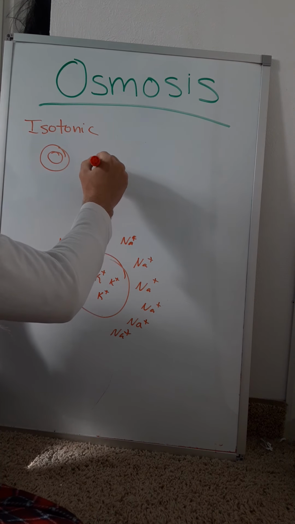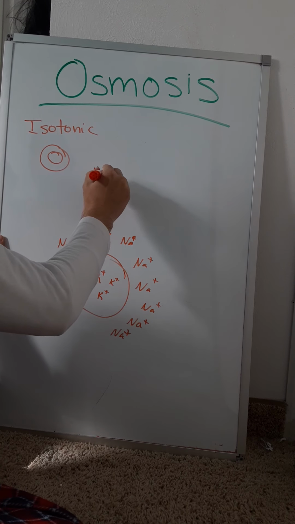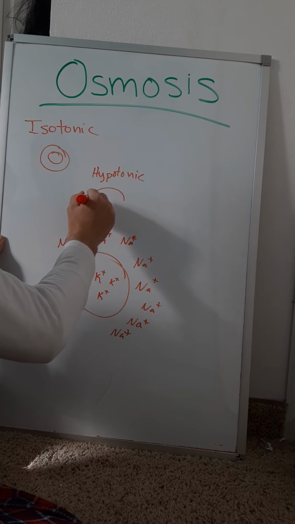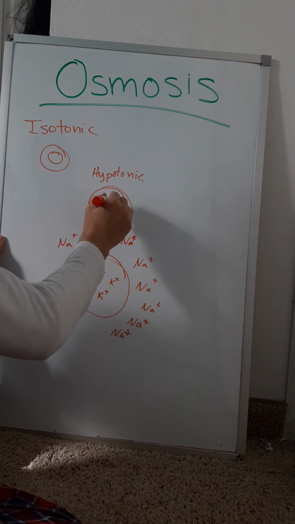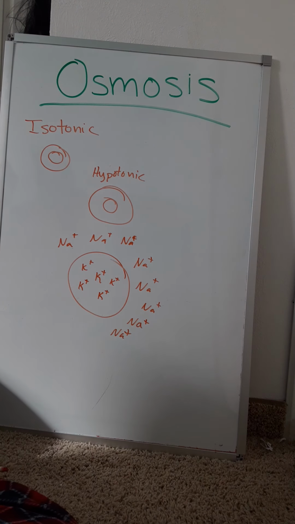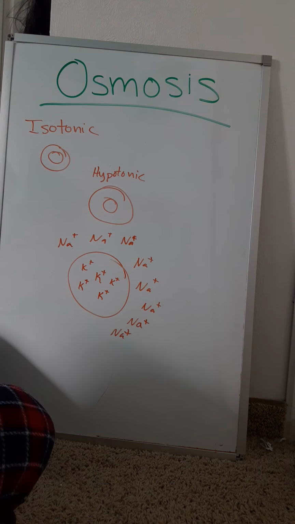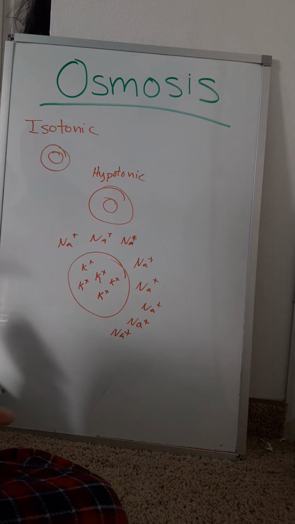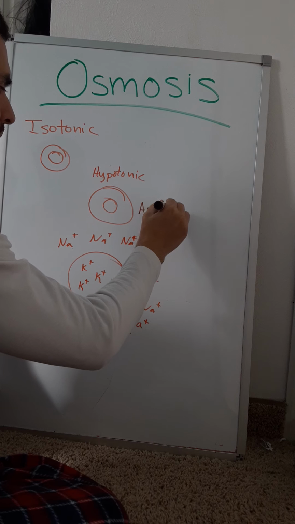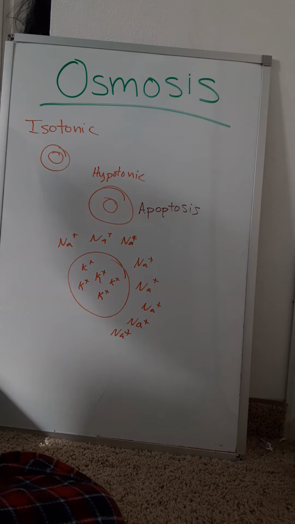So in a hypotonic cell, it's going to be really blown up with water, and it will eventually explode if it doesn't get relieved. It will go through apoptosis. So I'm going to write that word down because that's an important word here. Apoptosis. Cellular death.